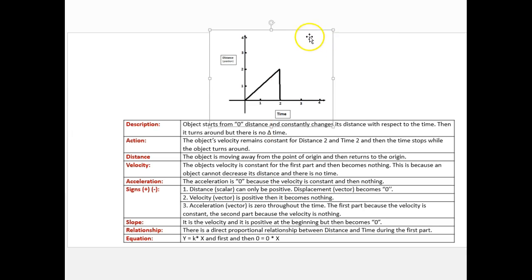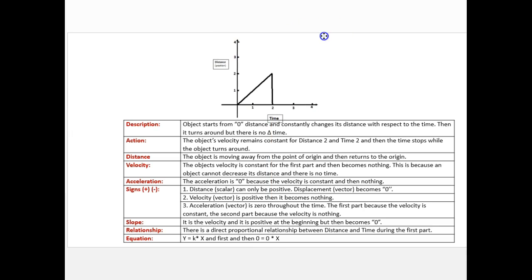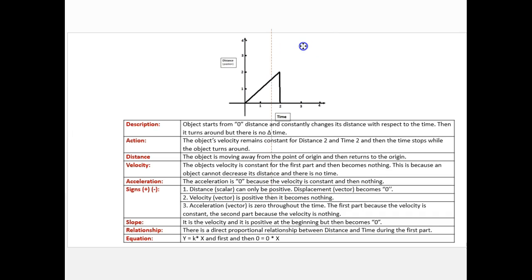This is the graph in which the object is obviously moving from zero and it constantly changes its distance with respect to time, which means that it has a constant velocity, right? And then it turns around and comes back.